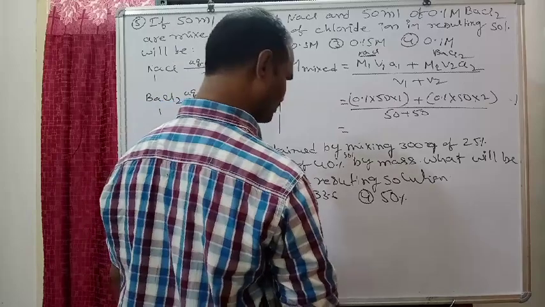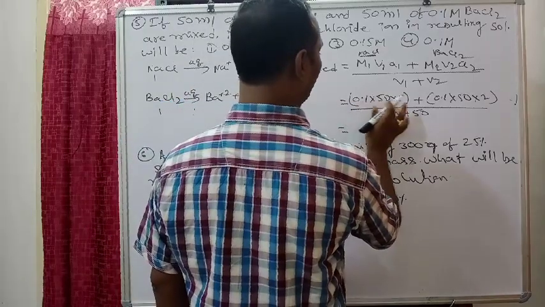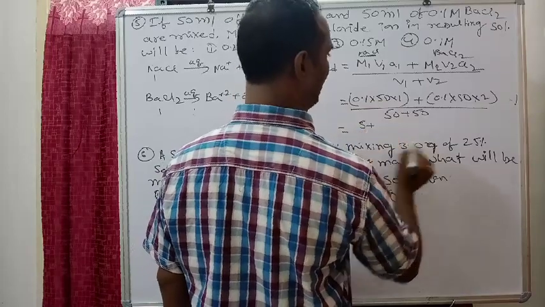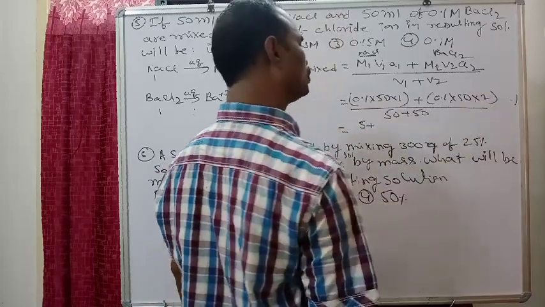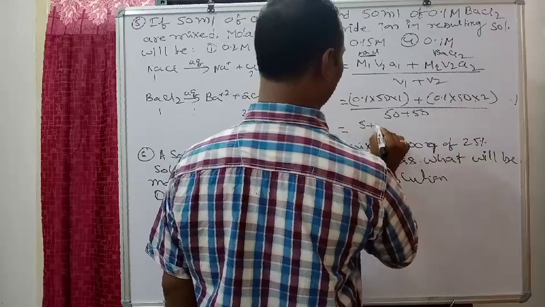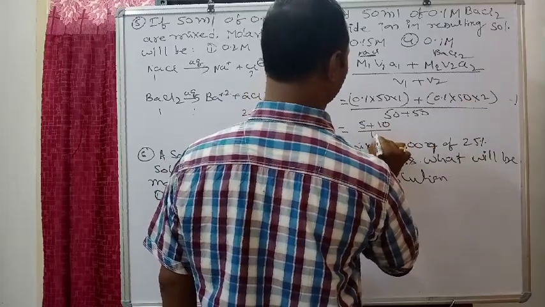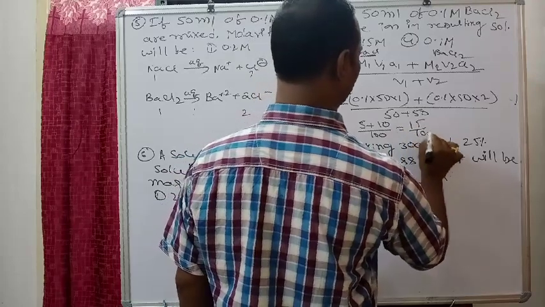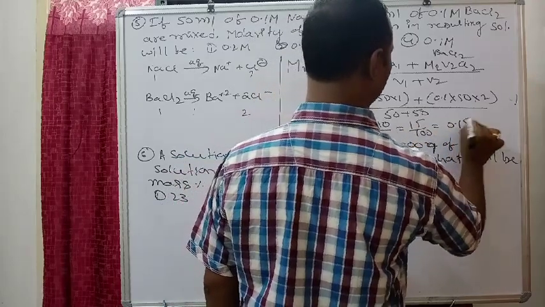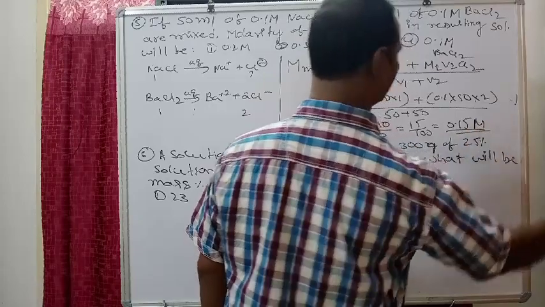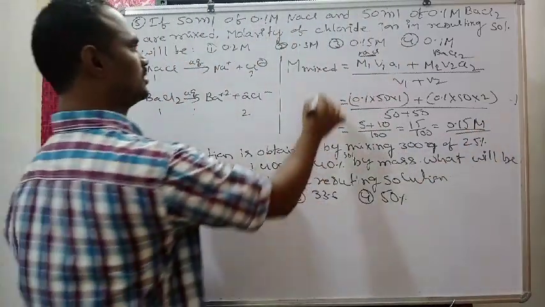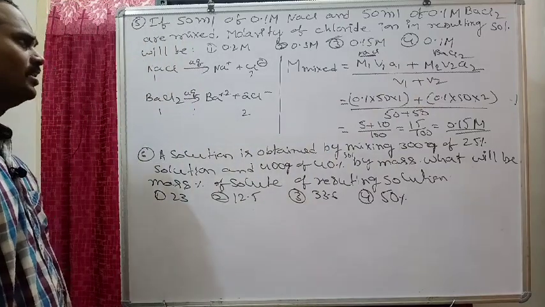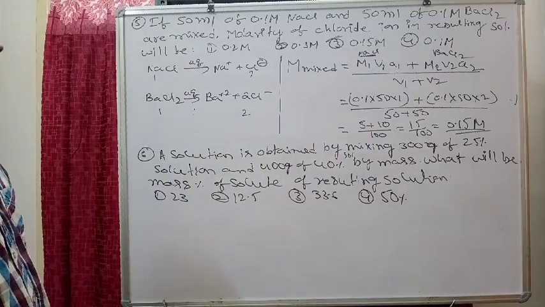You see, 50 into 1 is 50, 50 into 0.1 is 5, plus 50 into 2 is 100, 100 into 0.1 is 10, by 50 plus 50, 100. Here it means 15 by 100, which equals 0.15 M chloride ion concentration. This is the chloride ion concentration. What did they give, sir?